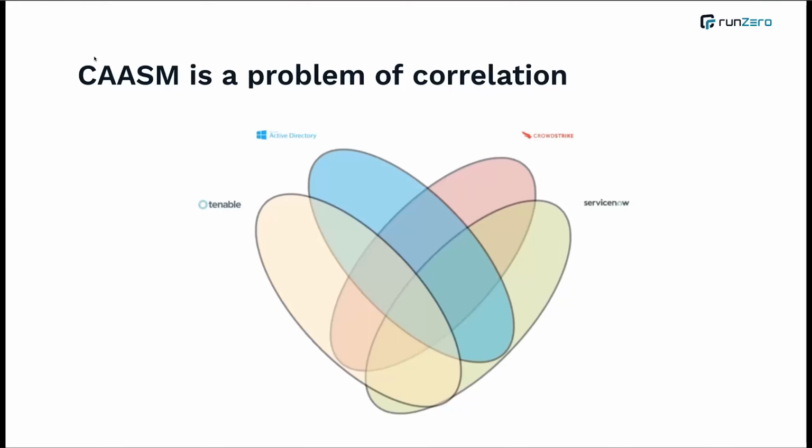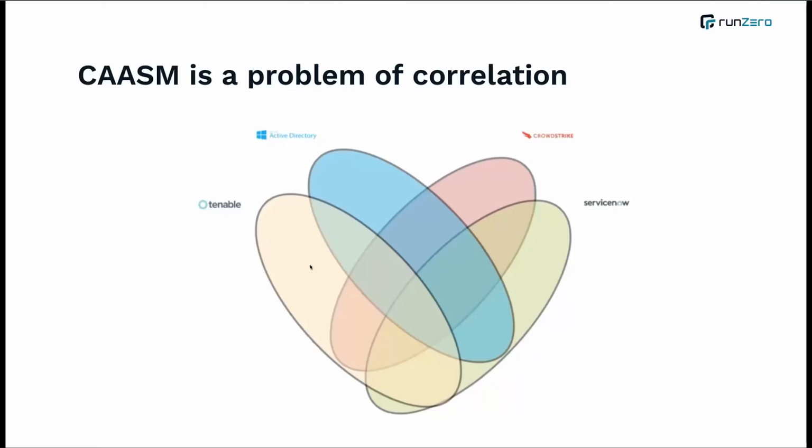So CAASM, a fundamental problem that all CAASM solutions must solve is how to consolidate data from existing products, collect all that asset and exposure information into a single normalized view in a way that reconciles conflicting data that might come from these various sources, right? So as an example here are some devices, right?